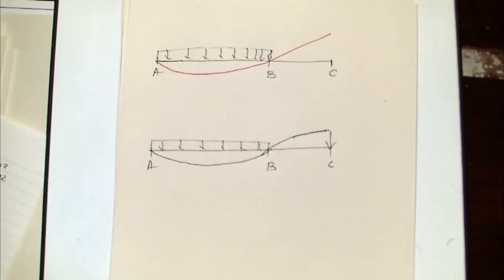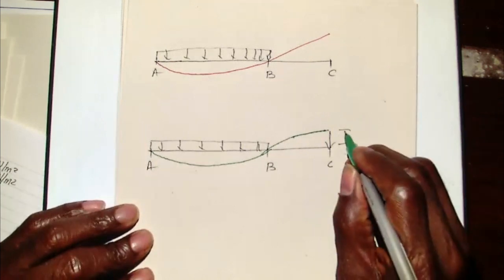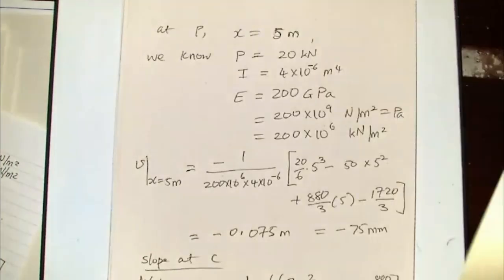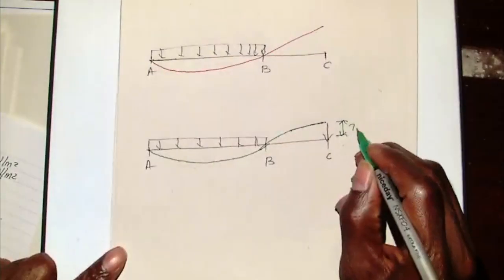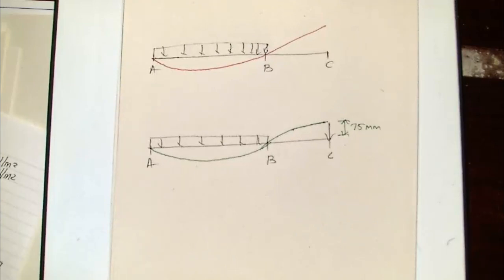Because the force, that point P, will push that end downwards a little bit. So that distance there is the one that we have just determined to be 75 millimeters, because it's been pushed up from where it was before.